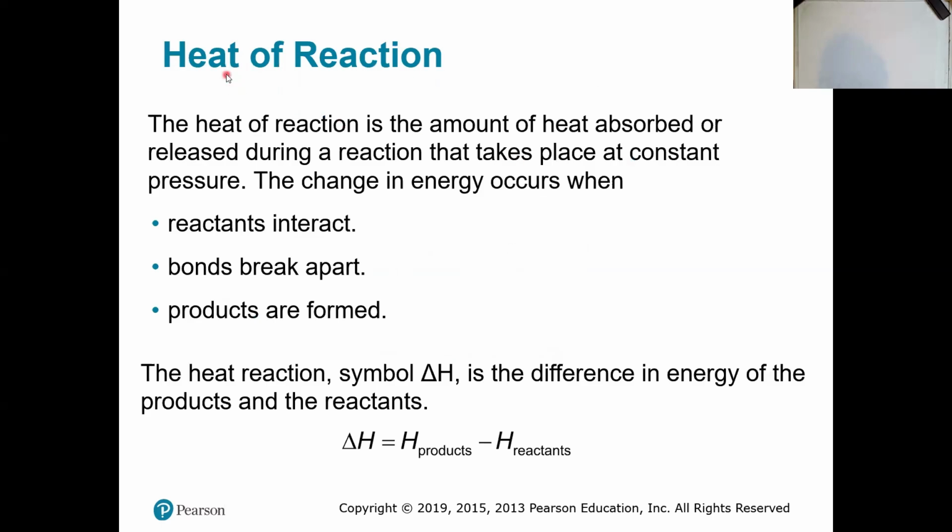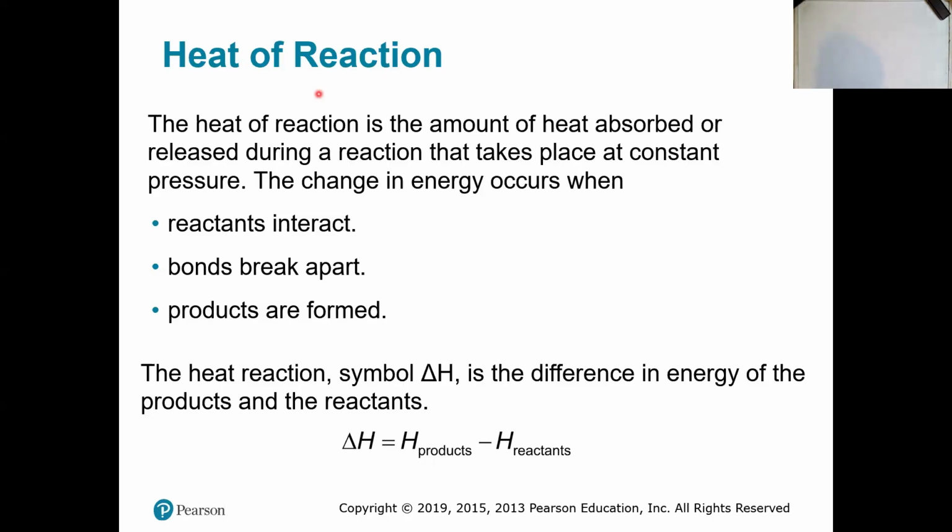And what we're going to look at is called the heat of reaction. The heat of reaction is the amount of heat that's either absorbed at the start of the reaction in order for the reaction to take place, or the heat that's released at the end of the reaction.